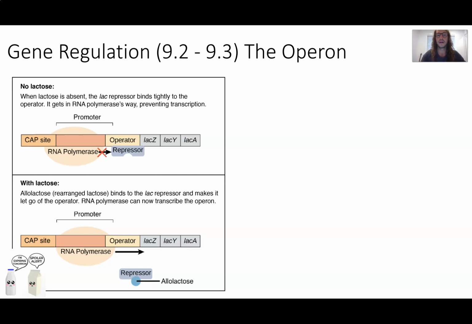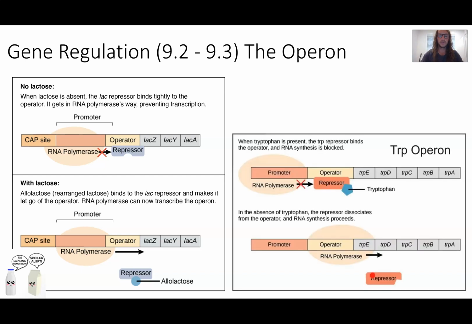I'm going to talk about another example of an operon in bacteria that is the opposite of this, negative control. And it is called the trp operon. So the trp operon, an example of negative control, is actually turned off when tryptophan, the product that it's in reference to, is present.